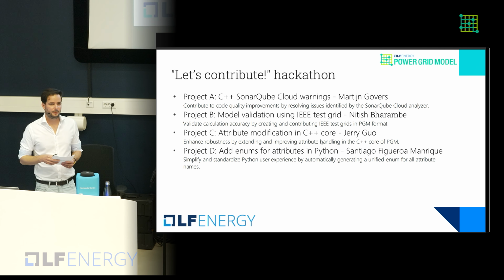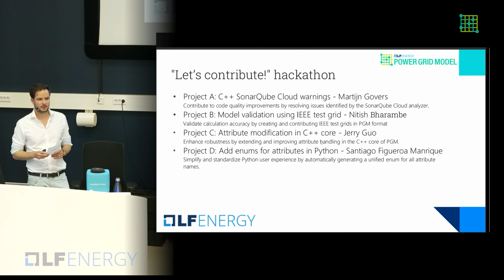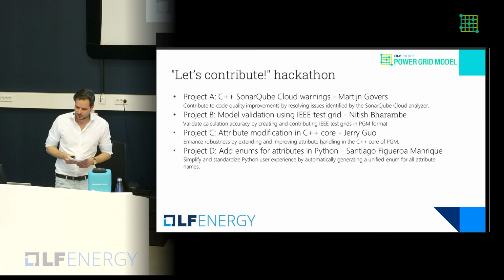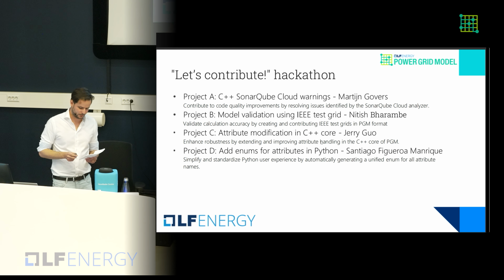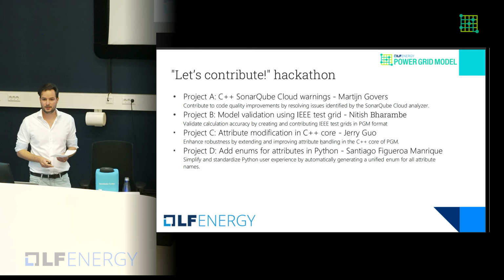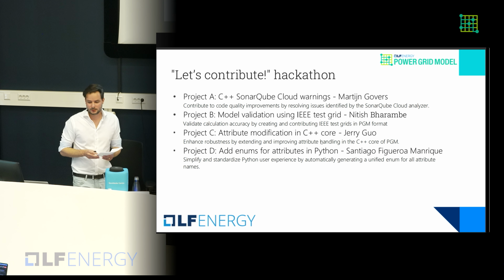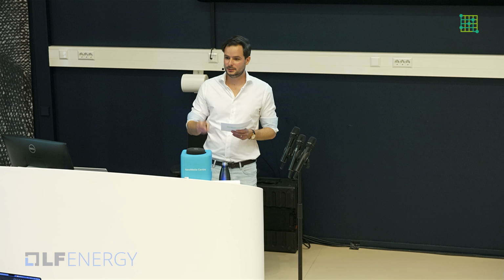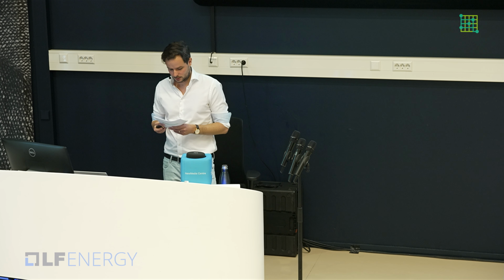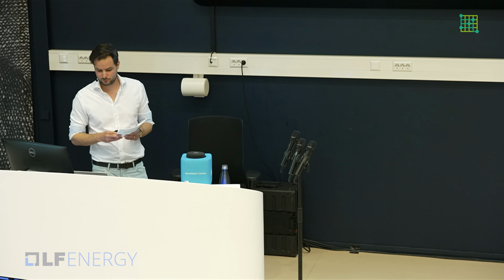And for the people that are interested in joining the hackathon, we have 4 different topics that we can provide today. The first is improving code quality by resolving Sonar Cloud warnings. You can follow Martijn. The second one is creating an IEEE validation test case, for which you can follow Nitish. The next one is to modify attributes in the C++ core of Power Grid Model.